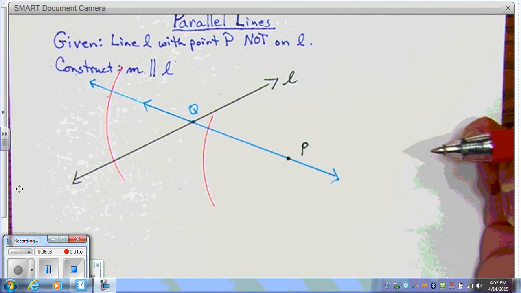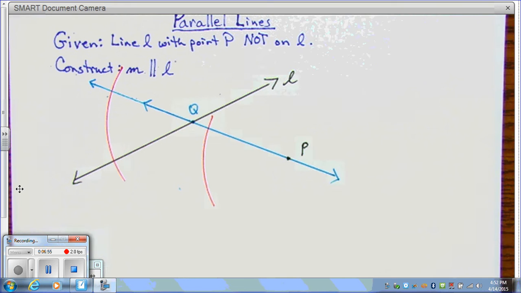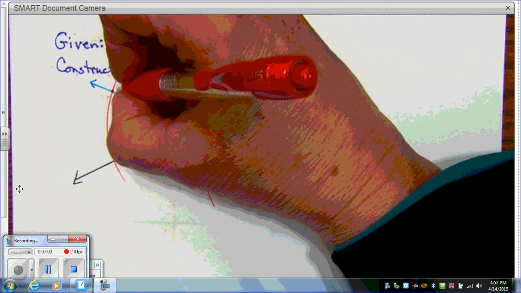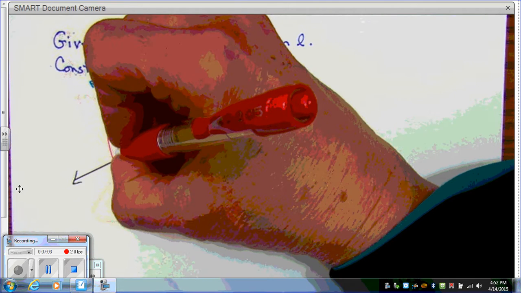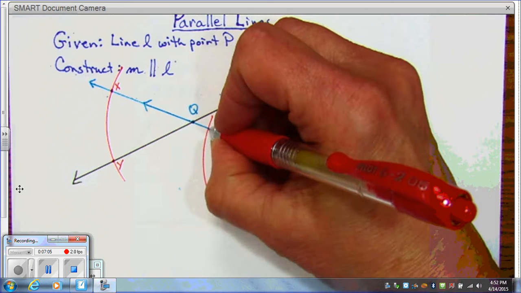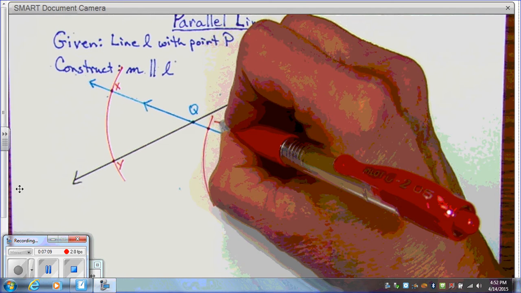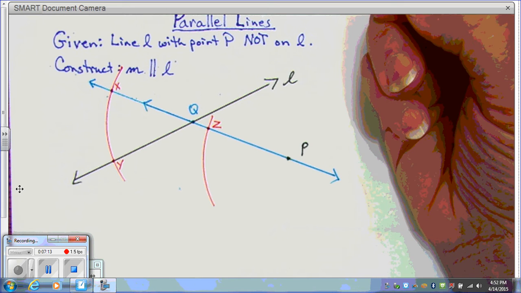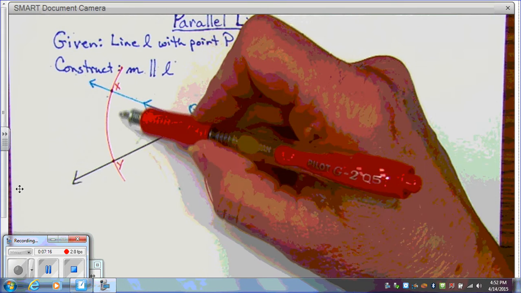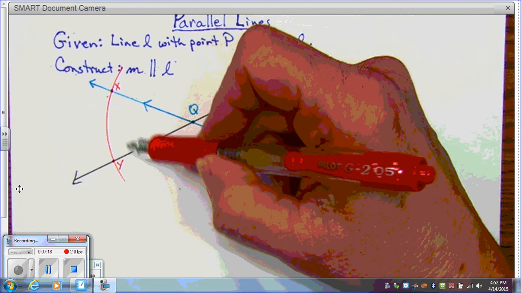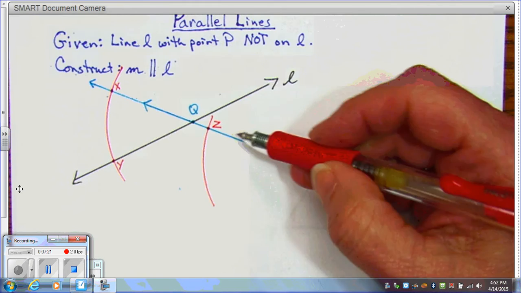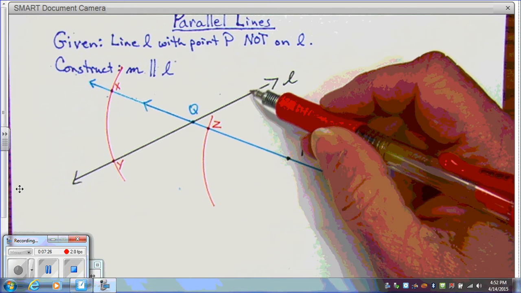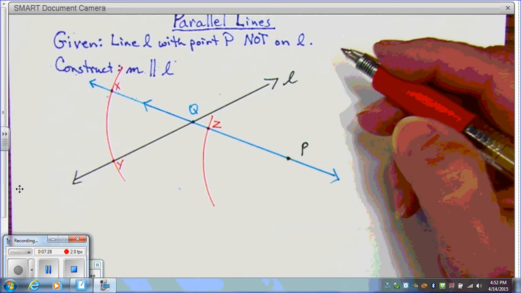I hope that's long enough. And from previous examples, we've got X and Y. And what do you think we're calling this one? You should have that by now. That's Z. Are you beginning to see where the angle is? Here's our first angle, and we're going to construct a congruent angle right here. And when we get it, that second side will end up being the line that's parallel to L.